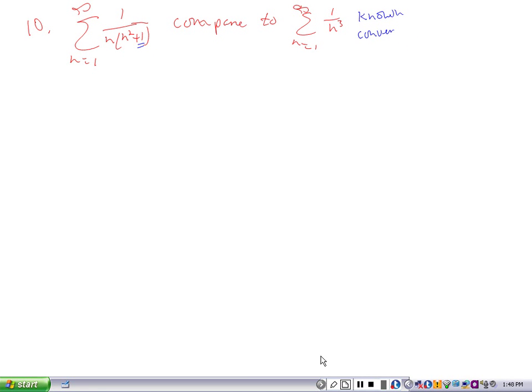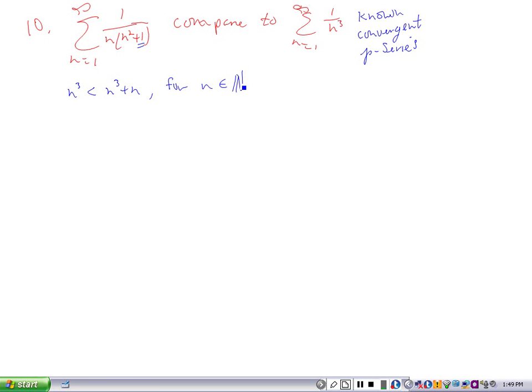My left hand does not want to act right today. Convergent p-series. But notice that n cubed is less than n cubed plus n, for n that are natural numbers, right?